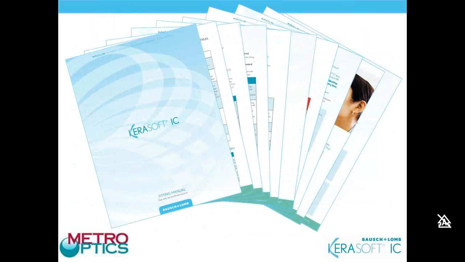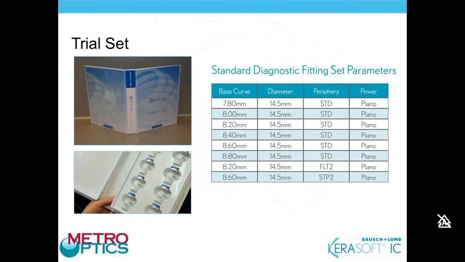The trial set is an 8-lens trial set, and what I'd like to focus on is the core lenses, which are the first 6 lenses that we see here, the 7.8 to 8.8 standard lenses. So again, the power is plano in all of these lenses, and the diameter is 14.5, but these can be customized when you order them.